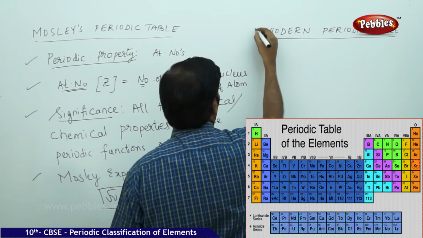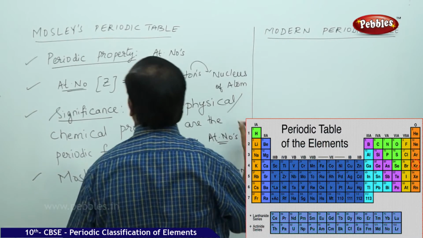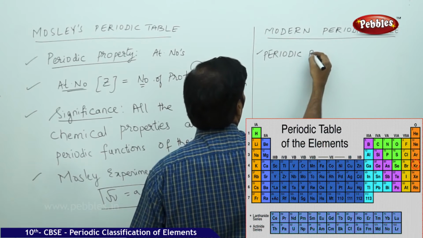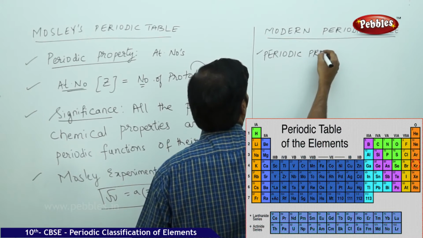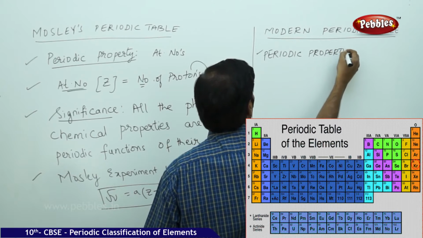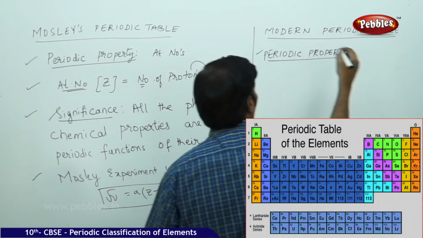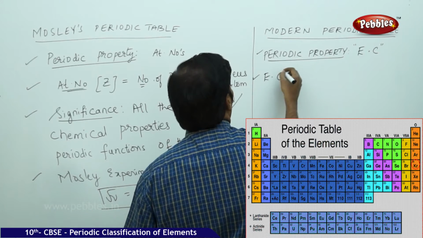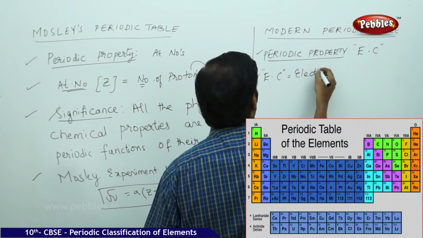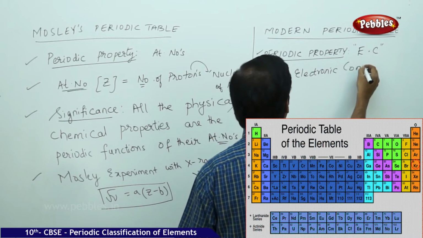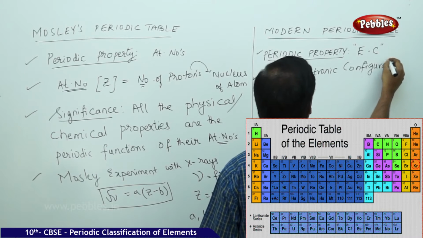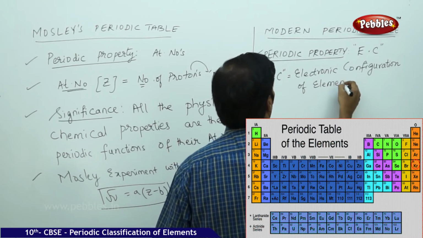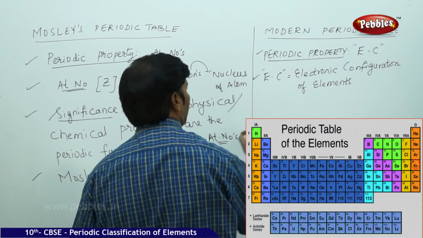In this, the periodic property is electronic configuration, EC, that is, the electronic configuration of the elements.